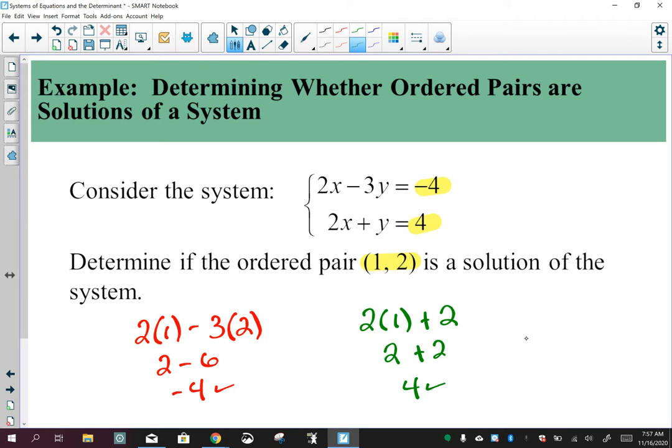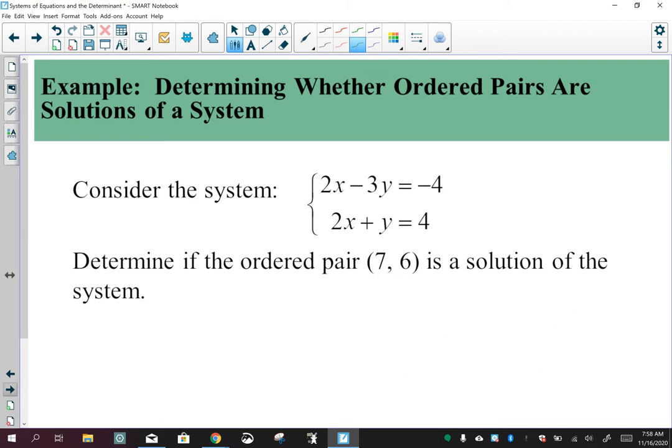That one works. So yes, (1, 2) is the answer for this set of equations. Again, when they have a question that looks like this, you just take the point that they give you, plug it into both equations, and you should get the answers that they're looking for over here.